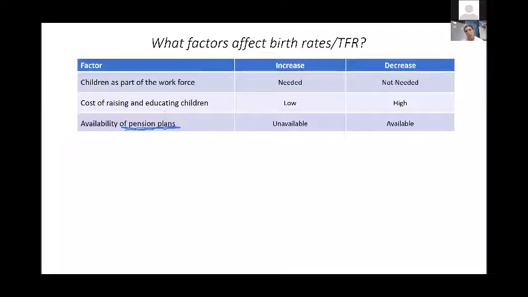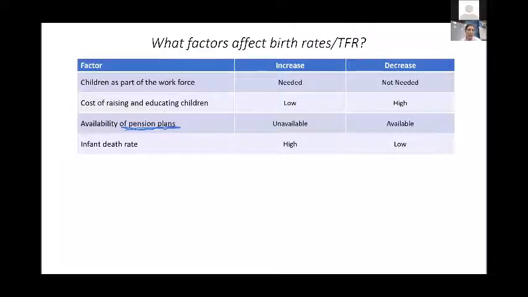We see in countries where there is a steady availability of these plans that decreases the birth rate, mostly because people do not need to insure their older years by having children to take care of them. So in places where those are widely unavailable, that tends to increase birth rates.